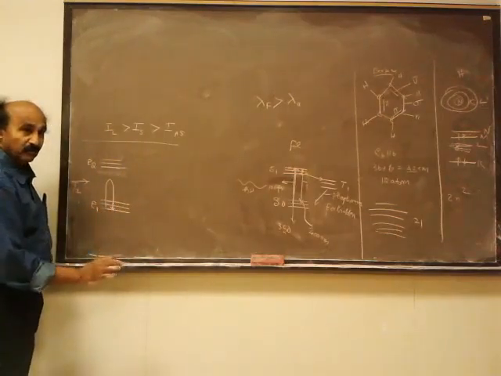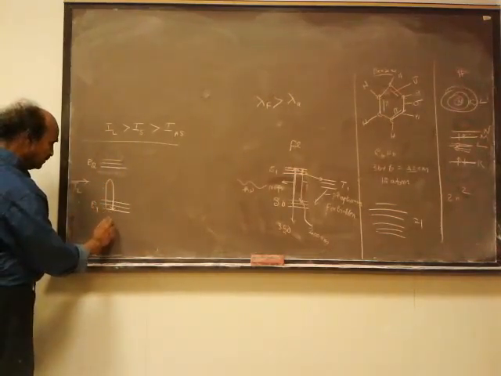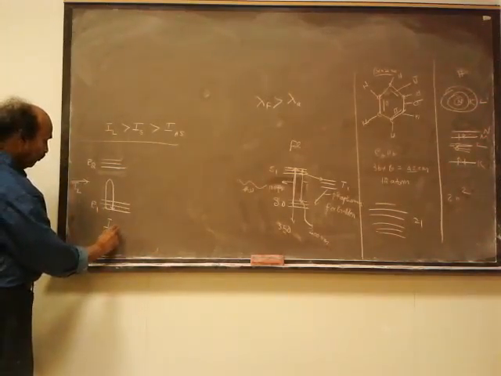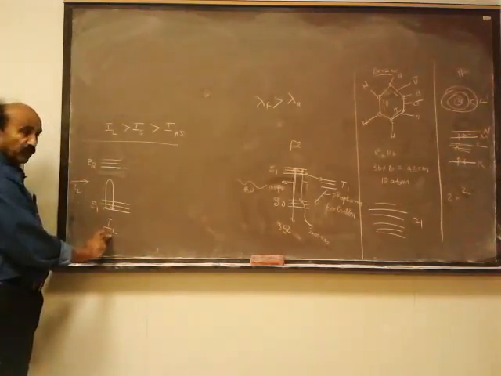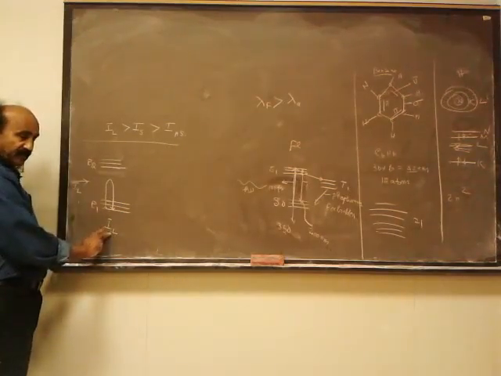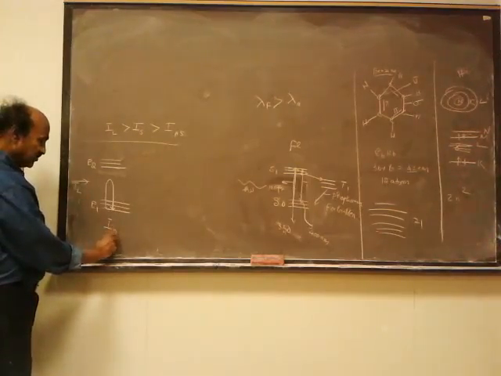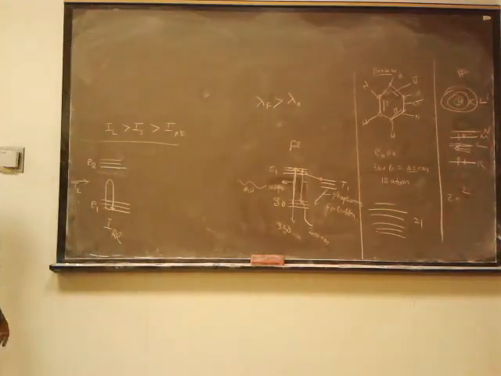So the light has come down. The incident light and the scattered light both have the same wavelength, so this is what you call scattered light. And this kind of scattering is called Rayleigh scattering. I don't want to put R alone because Rayleigh, Raman both have R, but this is called Rayleigh scattering. That is scattering without change in the wavelength.